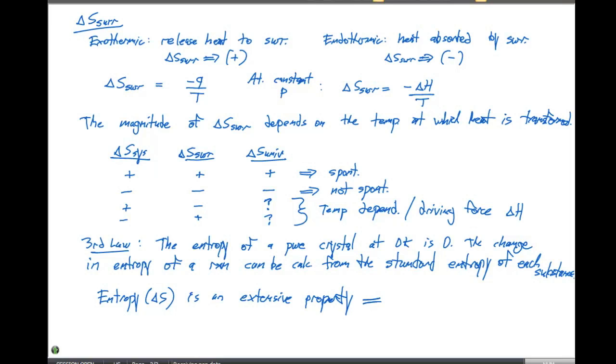And what an extensive property is, it depends upon amount. So the amount of a particular substance we have is going to be dependent upon the overall entropy that we have.